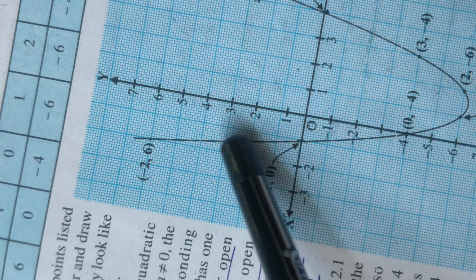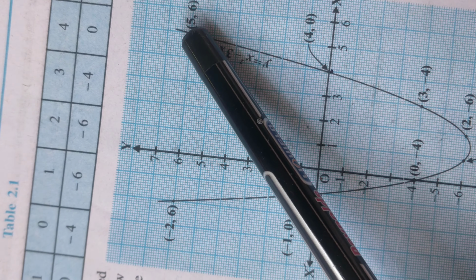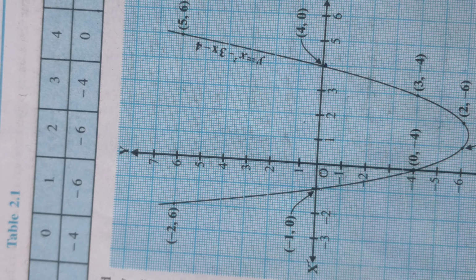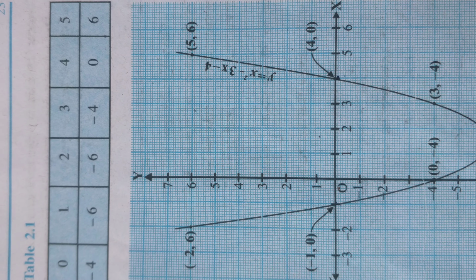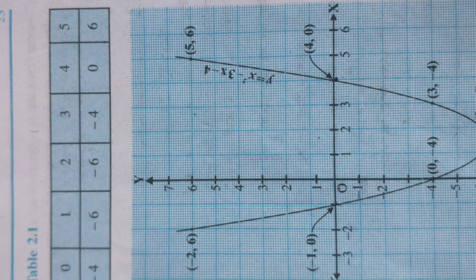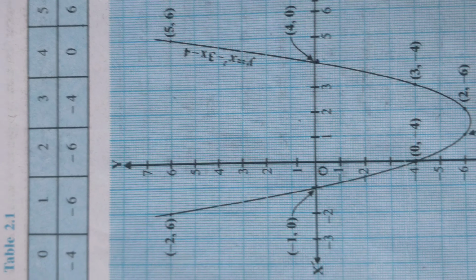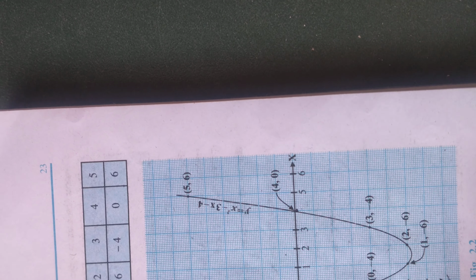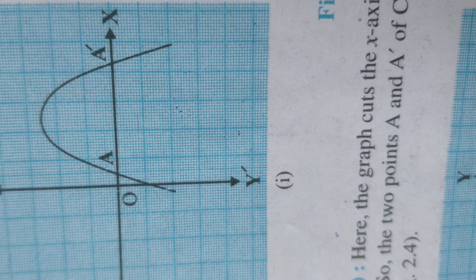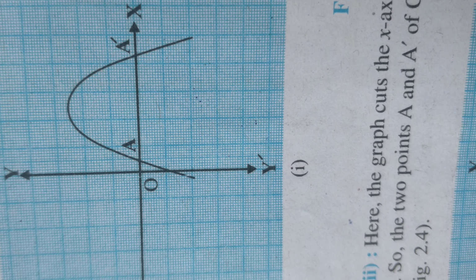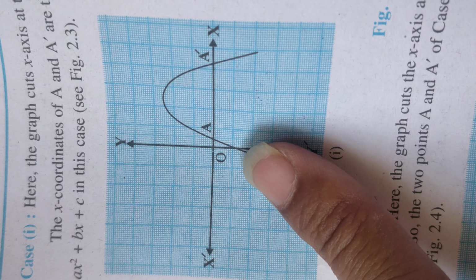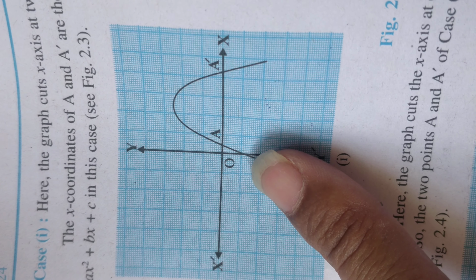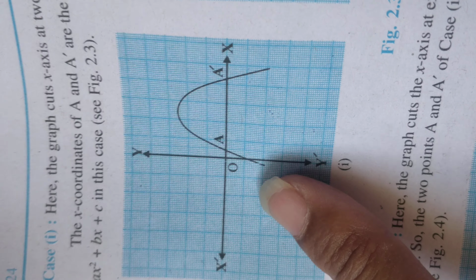Suppose the value of a is less than 0, then the graph will be open downward. It is just like this. So this graph will be drawn when a is less than 0.